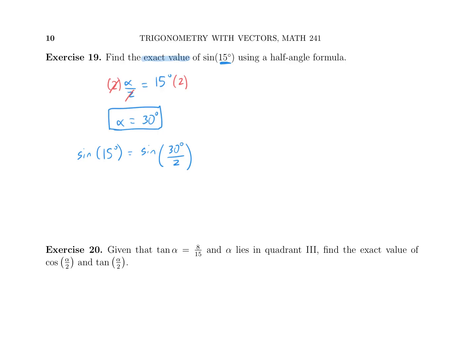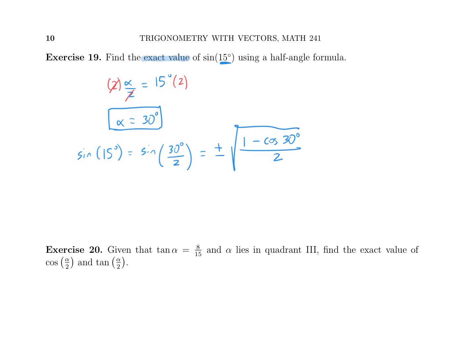And if you look back at the formula, it says plus minus square root of (1 minus cosine alpha) over 2. Alpha is 30, remember that. Now we have to figure out whether it's plus or minus. It's not both. It's not like the quadratic formula where there are 2 answers. It's one or the other.